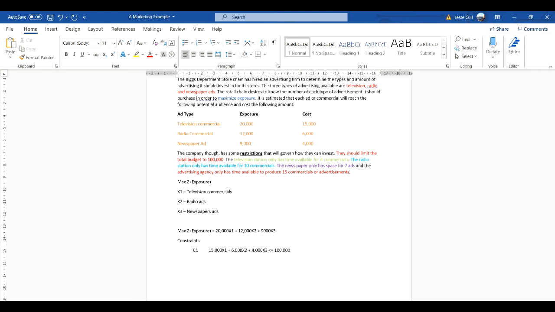Now the second constraint, we have to figure out the television station only has time available for 4 commercials. So C2, television station, so that's television commercials. So the total number of commercials, X1, must be less than or equal to what we have available, which is 4.